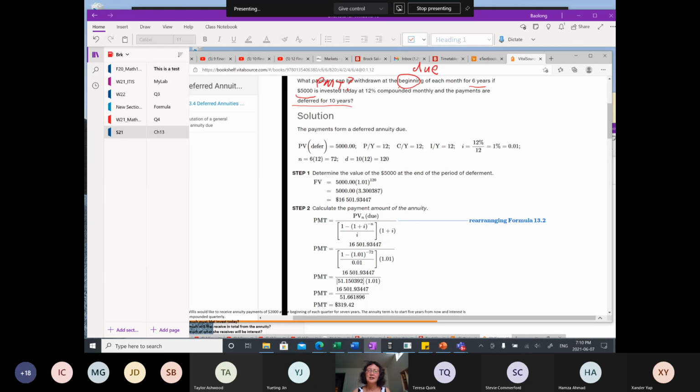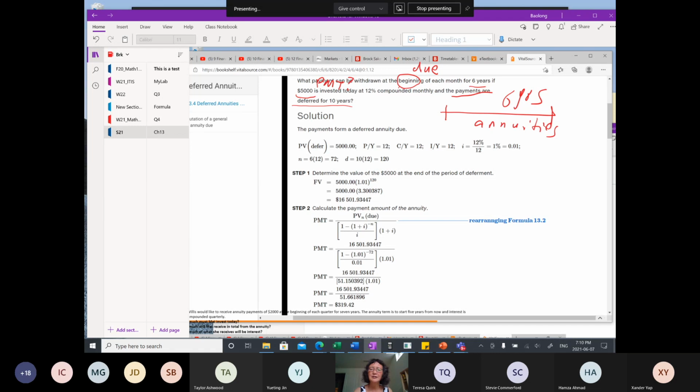So this annuity happened for 6 years. But the payments are deferred for 10 years.